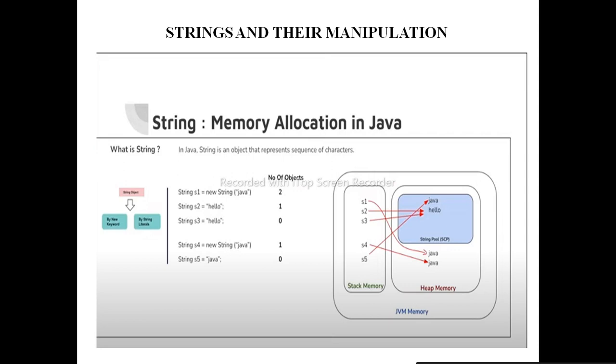Here I have explained, the picture is there. In stack memory, string references will be stored. In heap memory, objects will be stored. In the string pool, string objects will be stored. For string literal, it will be stored in the string constant pool.